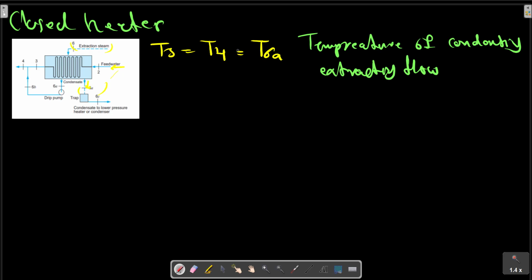As there is no drip pump, conservation of mass says that m4, m3, m2, m5.